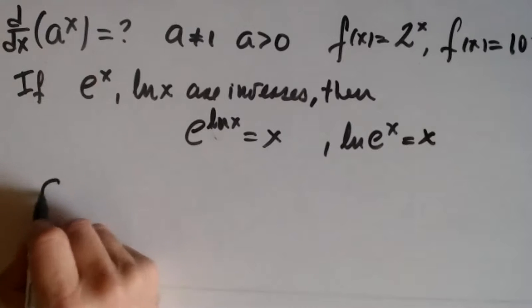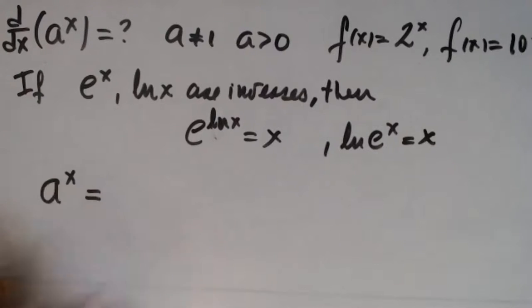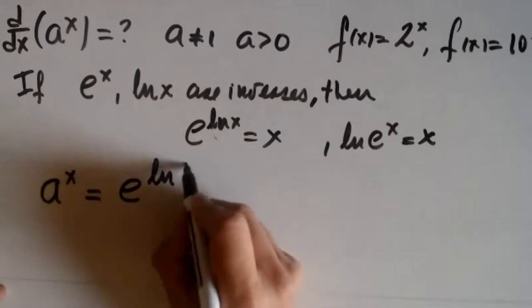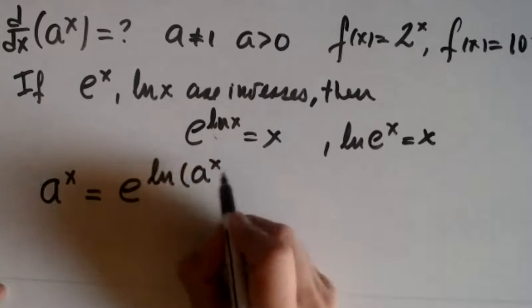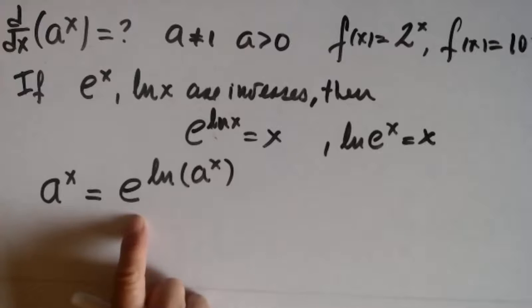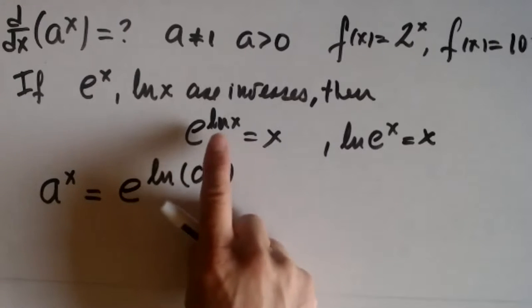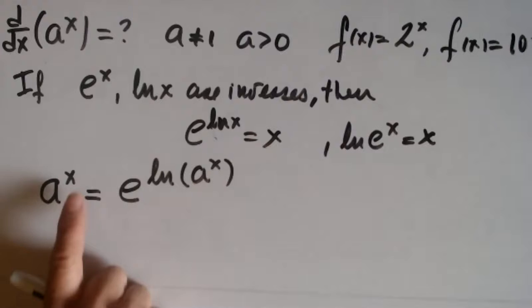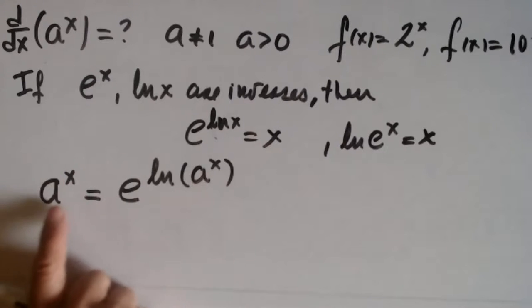So a to the x is going to be e to the ln of a to the x. This is the exponential form we are going to use. We're going to use this property and compound these ones. I'm not going to change the x, but now it is really a to the x.